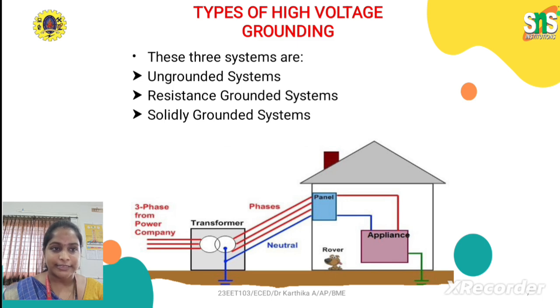This three-phase current is used by the home appliances. In this part, grounding is preferred. Here we have two types, which are mainly for home appliances, and we also have solidly grounded systems for large applications. So mainly we have three types of high voltage grounding: ungrounded, resistance grounded and solidly grounded.